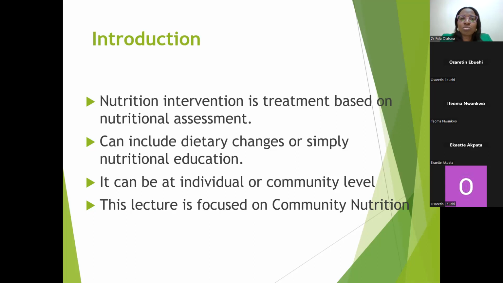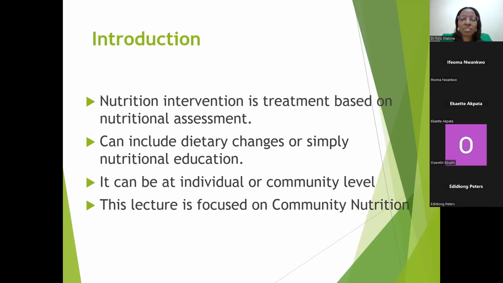You can't just go to a community and say you want to intervene in their nutrition, you want to do something for the members of that community, without a prior assessment. Even if you have funding, you can't just go to a community and say, I want to start giving all of you iron tablets because I just guess that they are all anemic. No, there must be a nutritional assessment.